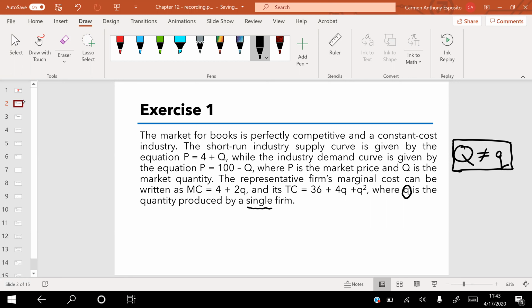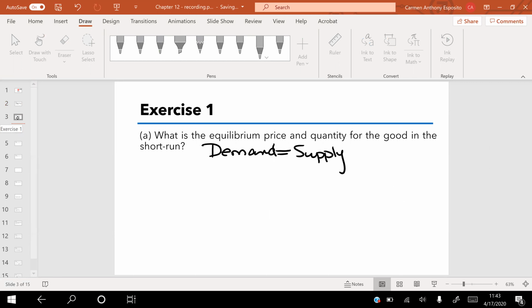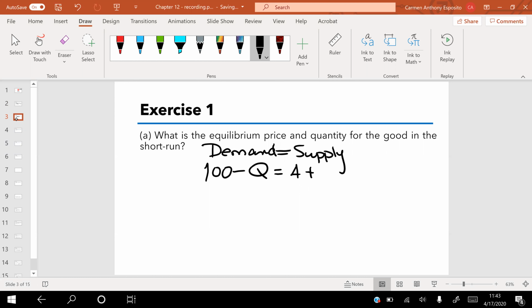So we have supply is P equals 4 plus Q. Demand is P equal to 100 minus Q. So I'm just going to set these two things equal. So 100 minus Q is equal to 4 plus Q.